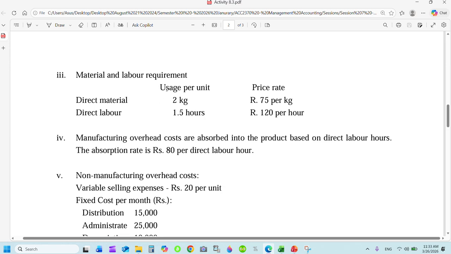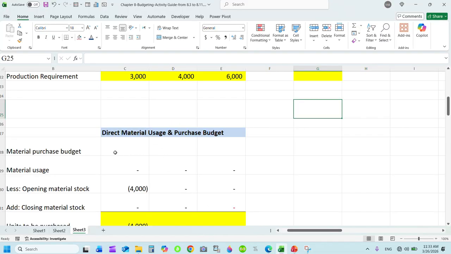Direct material usage per unit is 2 kilograms at a rate of 75 rupees per kg, right? So accordingly, each and every unit we produce, we need 2 kilograms of raw material. So accordingly, we can identify the material usage requirement.